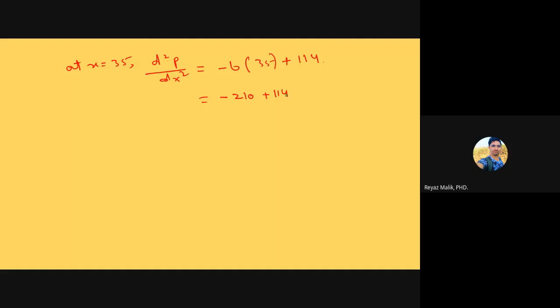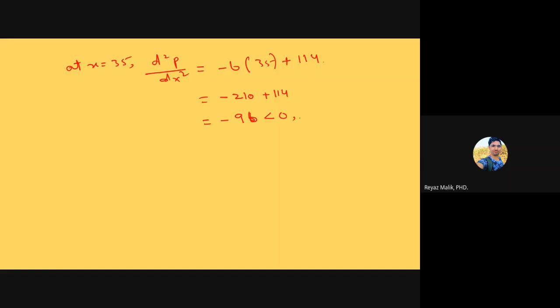Then we subtract 114 from 210. The sign will be minus only. So it is minus 96, which is less than 0.